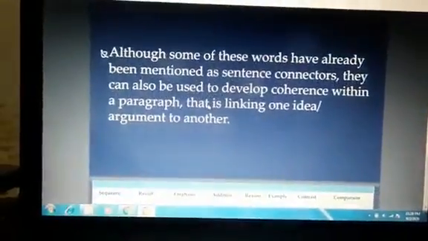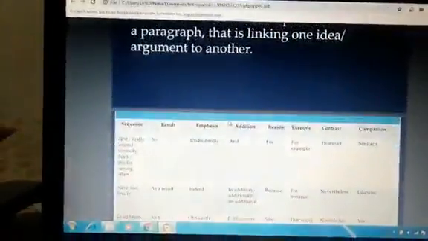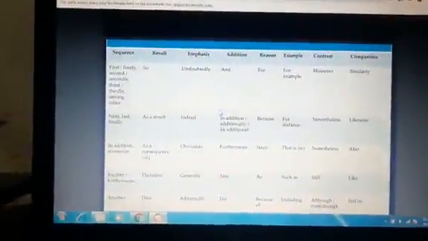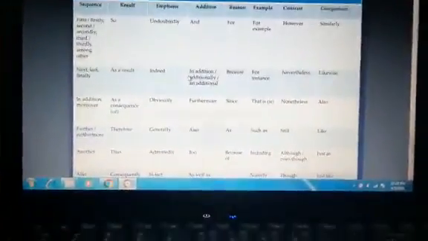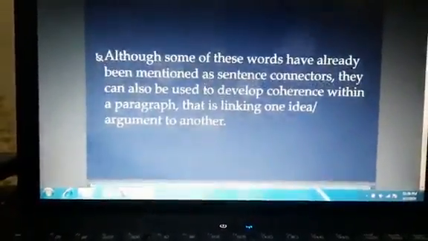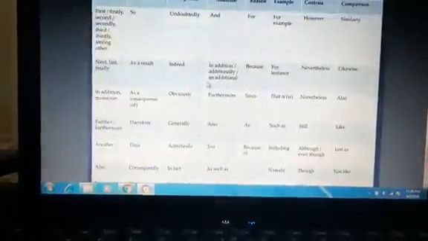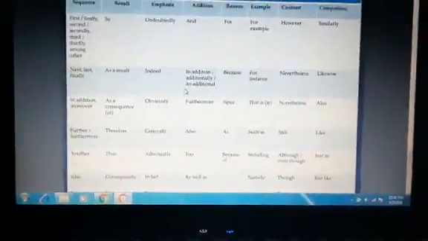So that is about the subordinators. Now let's see some linking words which are used in a phrase. The first is about sequence.